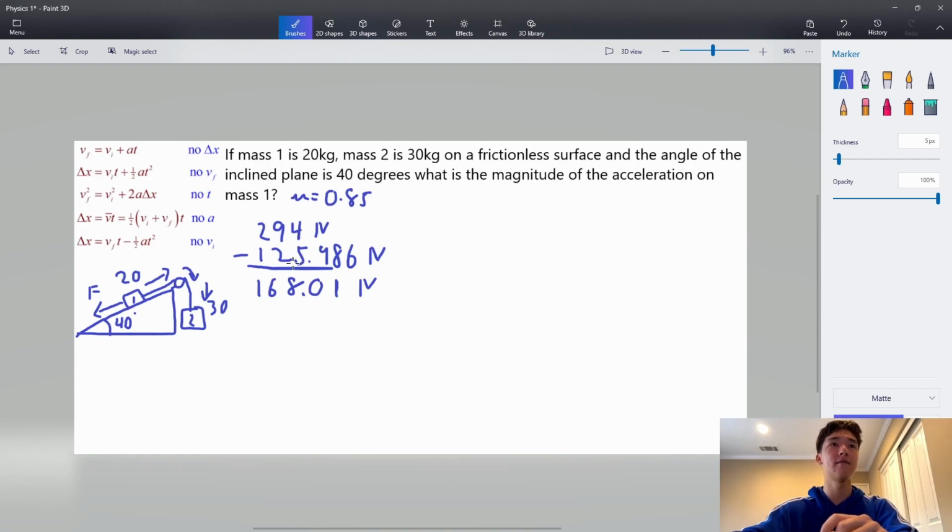We still have this 125.986 trying to resist the actual force that's happening, right? This 294 newtons.